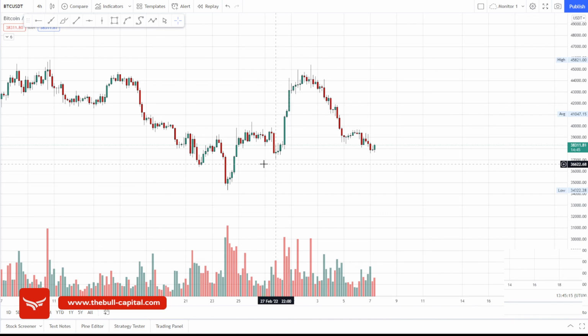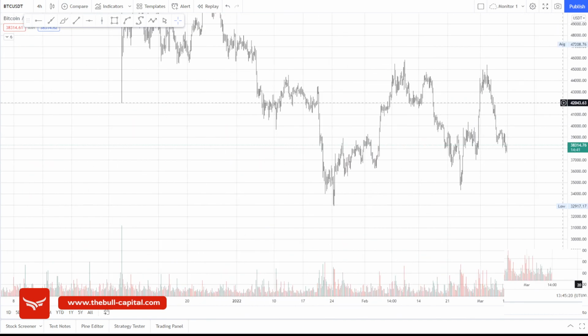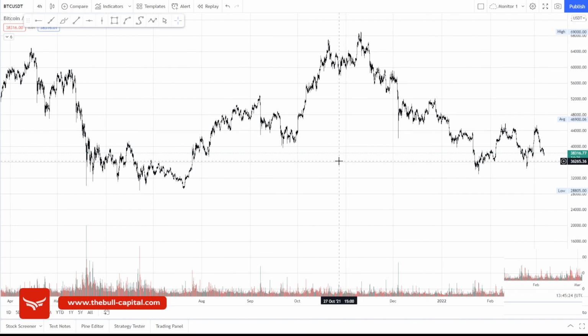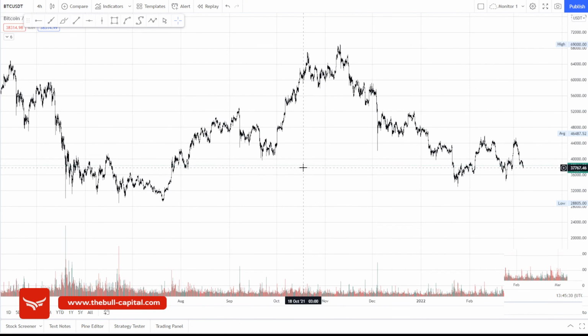Because even now I see a lot of people drawing levels on the chart that are not valid anymore. So those levels are useless. You can just remove them, delete them, do not trade on them anymore.